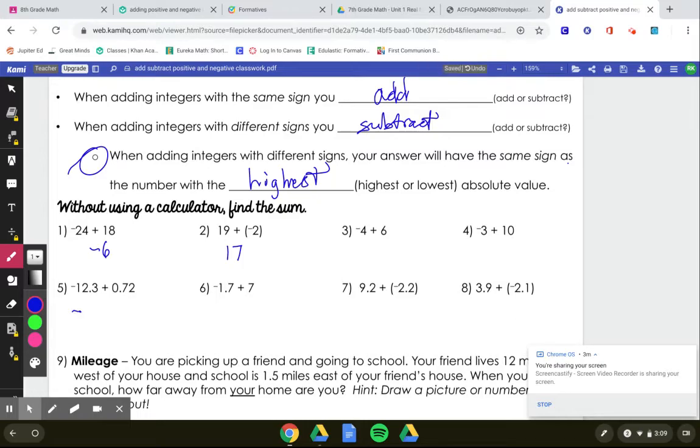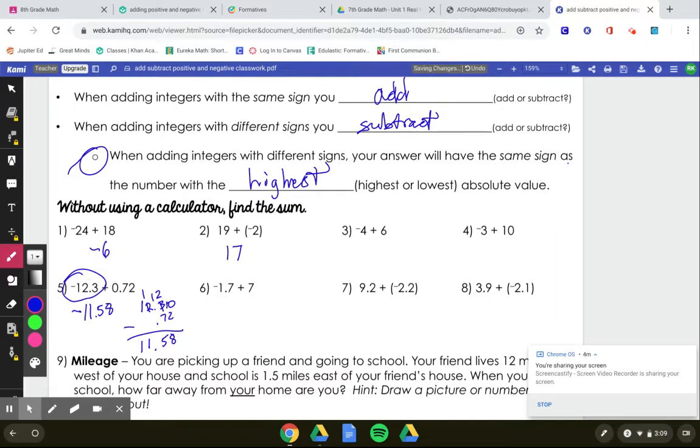Then I subtract 12.30 minus 0.72. If I write that out, I have to do a little borrowing here. 10 minus 2 is 8. Can't do that one. 12 minus 7 is 5. And then we're left with 11.58. And that's negative because this number was negative.